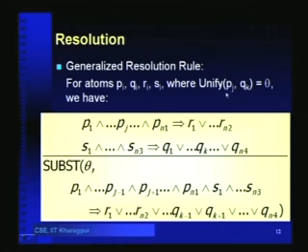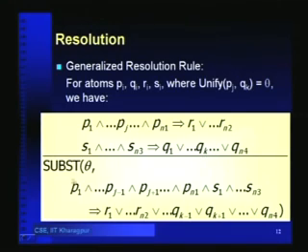And for some j and some k, we have unify(Pj, Qk) is theta. So, it means that this Pj out here and this Qk out here unify under the substitution theta, right. Now, do you see what we have here? We have this Qk here and this Pj here, and they unify with substitution theta.